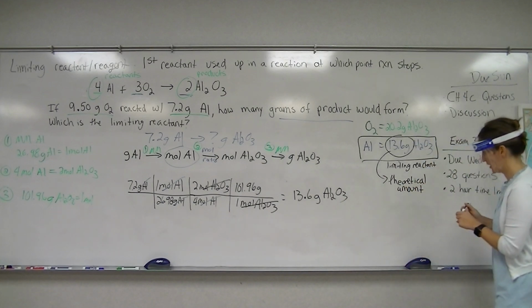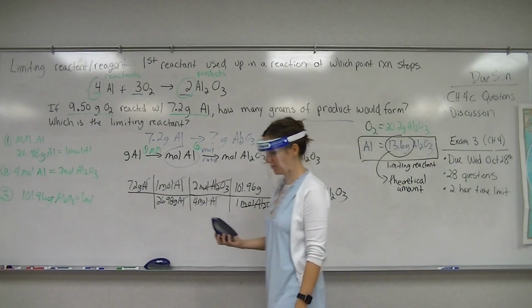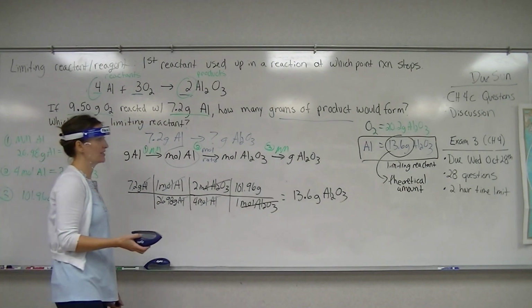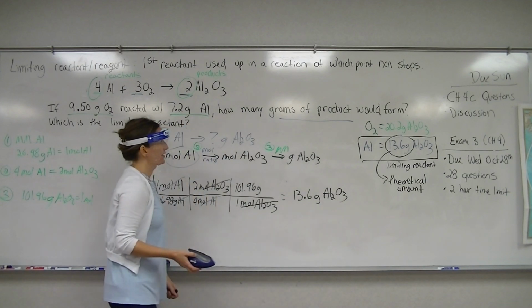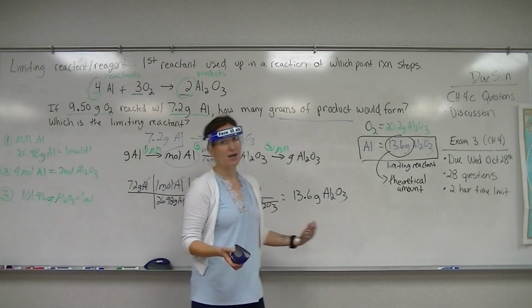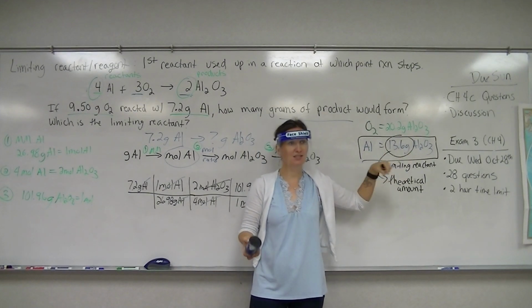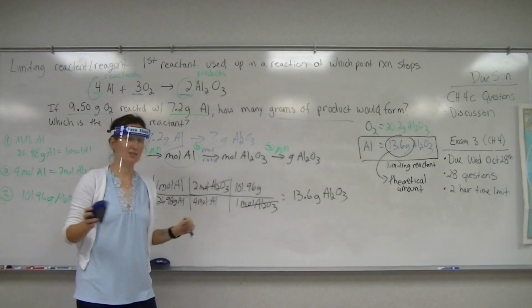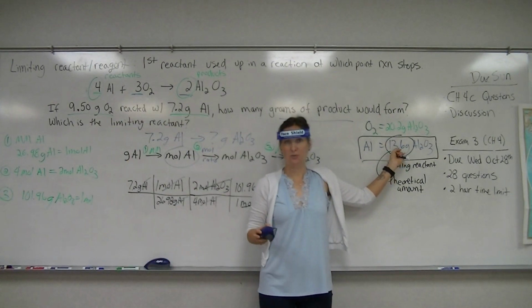amount. And we actually talked about the word theoretical before when we did percent error calculations in class as well as percent error calculations in lab. So what theoretical means is that is the maximum amount of product I'm going to make. If I did everything perfectly during this experiment and didn't spill anything, didn't lose any residue inside of any of my flasks or anything like that, I would get 13.6 grams.